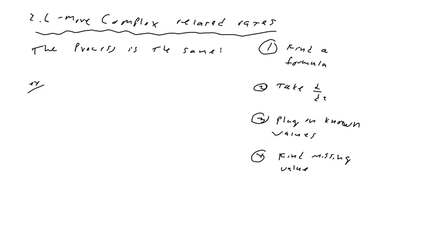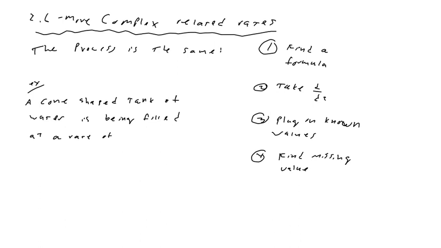So, what's an example of something that's a little more complicated? Let's say we have a cone-shaped tank of water that is being filled at a rate of, let's say, 3 cubic feet per minute.